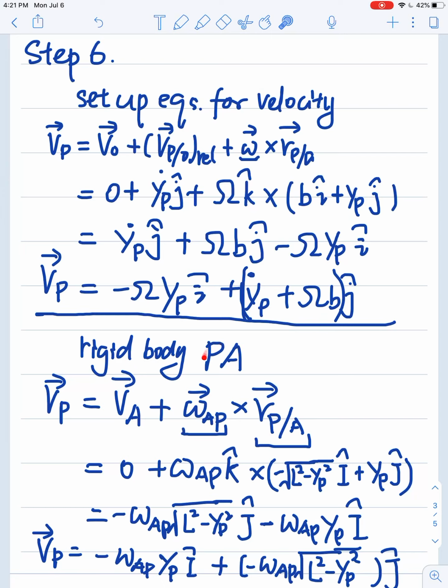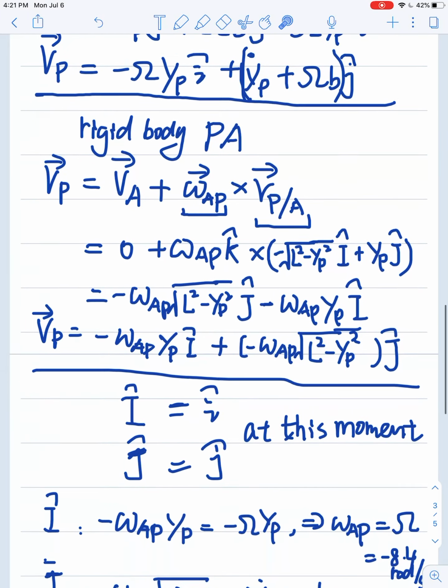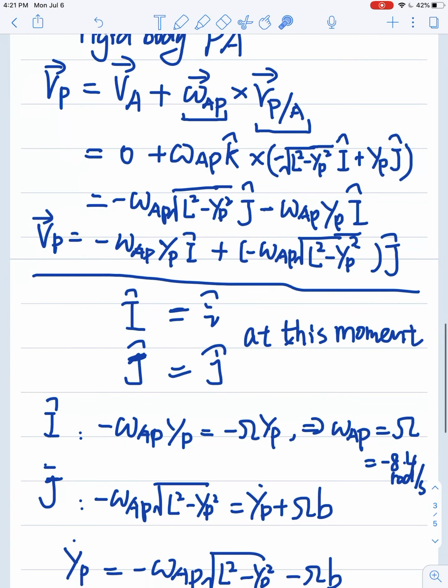Then look at the rigid body PA and use the acceleration equation we learned from chapter 2 to find another expression for AP. Once you have those two equations, you can do something similar here. Use this assumption, I equals small i, j equals small j at this moment, and break it down into I component and j component to solve the unknowns. Alright, try it yourself.